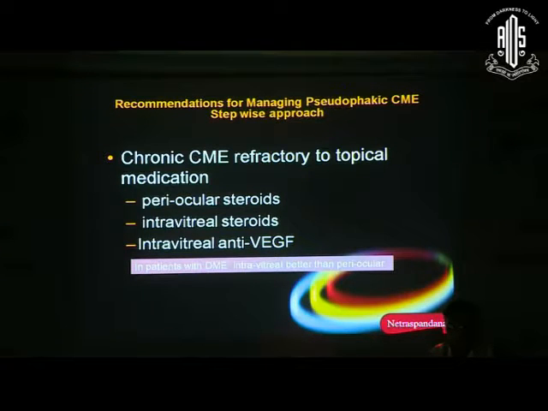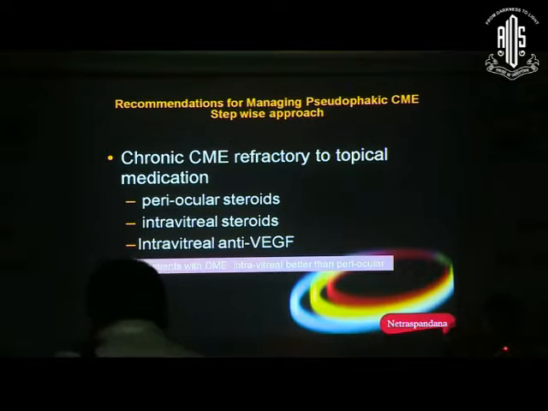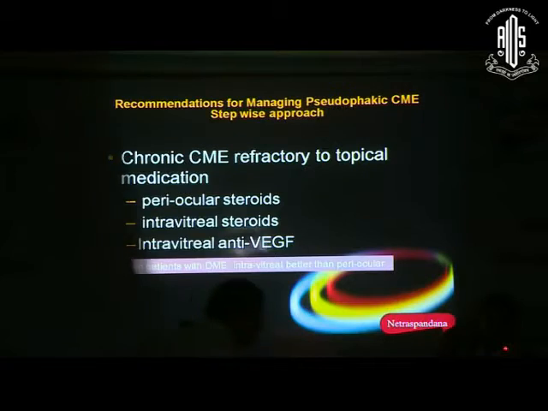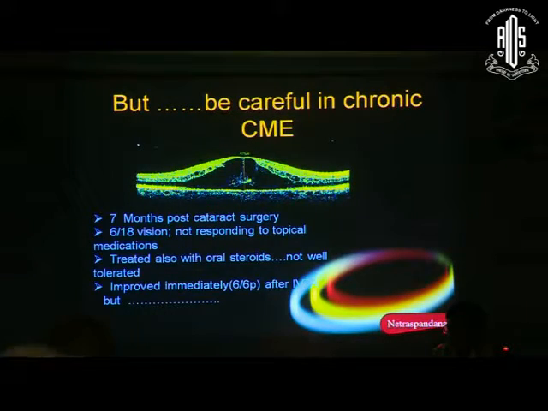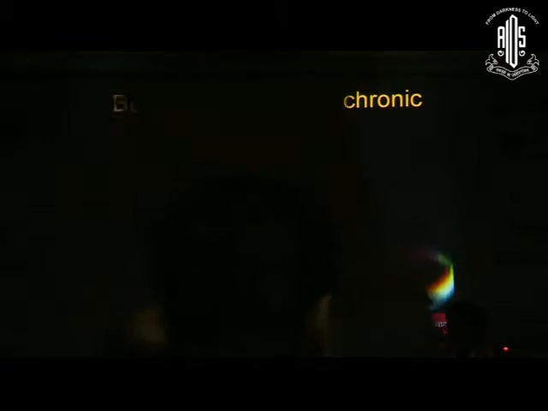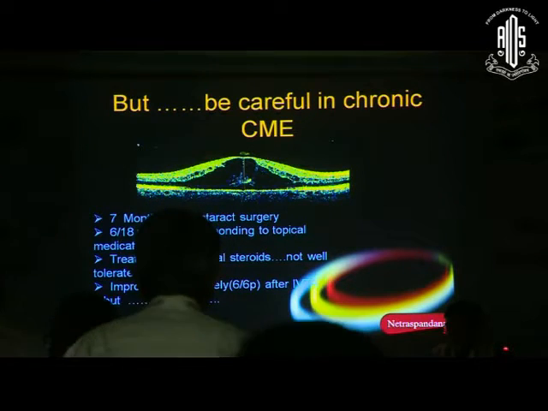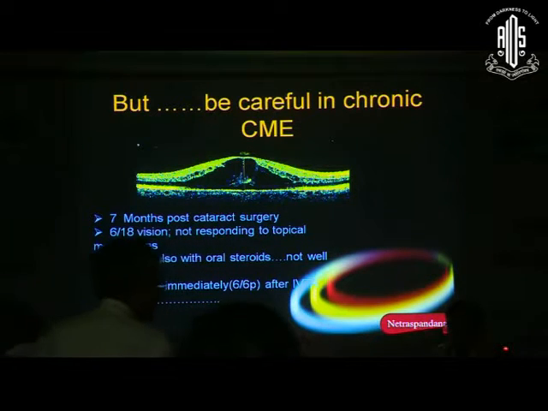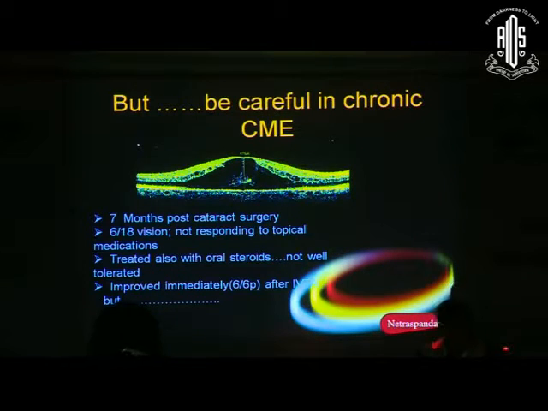Sometimes you can have chronic CME, which is refractory to topical medication. Some of you can come in the front. It would require periocular steroids or intravitreal steroids. But we should be careful when treating these chronic CME patients. This patient came 7 months after cataract surgery with a chronic inflammation, 6/18 vision. She was treated with steroids and was responding, but oral steroids she couldn't tolerate for long.